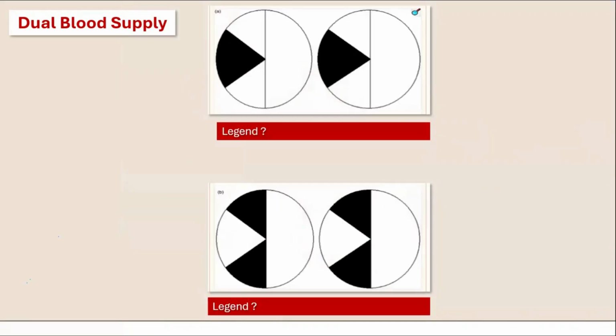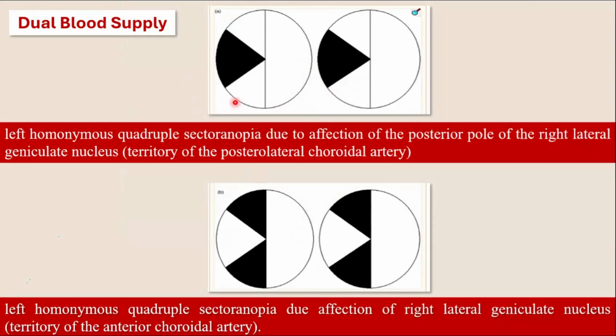But if we have affection of the lateral posterior choroidal artery, we will have the central sector affected. For example, in this schematic representation, this is a left homonymous sectoranopia due to affection of the posterior lateral choroidal artery. And this is a left homonymous quadruple sectoranopia due to affection of the right lateral geniculate nucleus due to obstruction of the anterior choroidal artery.